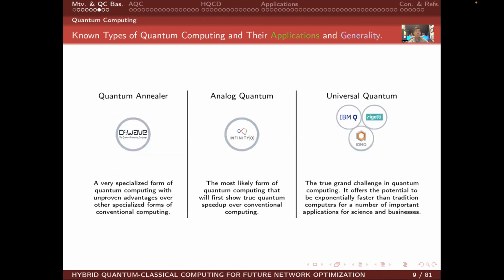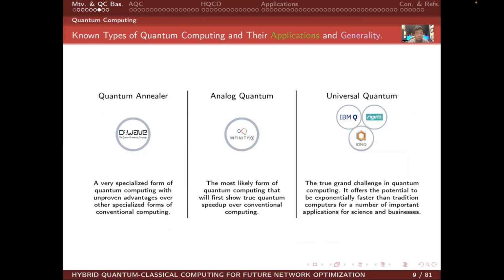Currently, regarding the key types of quantum computing, their applications and generality, we typically have three types of quantum computing companies. The first one is quantum annealing, and the most representative one is D-Wave. It's a very special form of quantum computing with an unproven advantage over specific formulations of conventional computing.